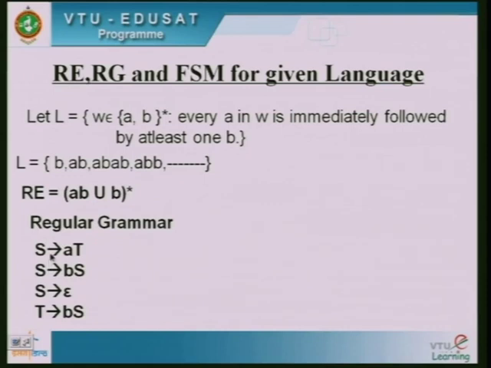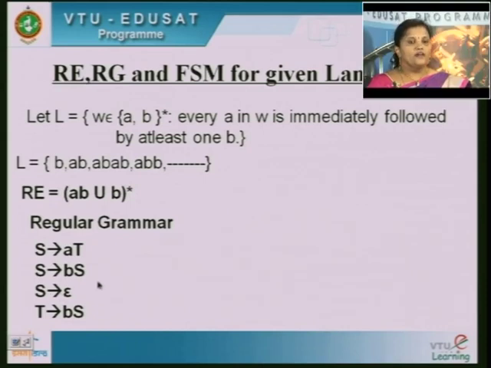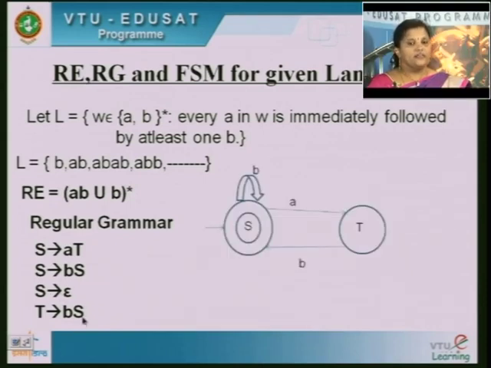So I can write S derives AT, S derives BS, S derives epsilon, and then T derives BS. Okay. So if you construct the FSM, it will be like this with two states S and T. Starting with S, S derives AT, next T derives BS, next S derives BS, and also S derives epsilon is there. So you can make this the final state.